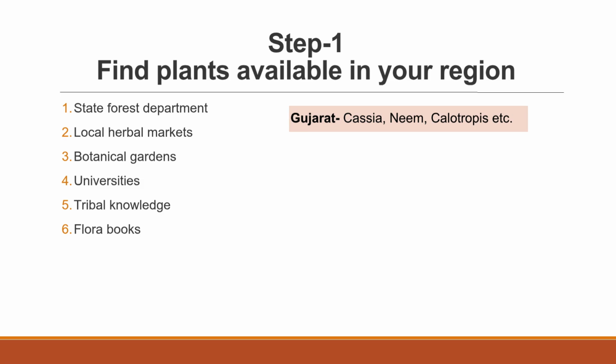For example, in Gujarat, plants like acacia, neem, and calotropis are available in that particular region. First of all, you need to find out which plants are actually available in your locality. You can check all these sources, collect all the plant names, and then go for the second step.